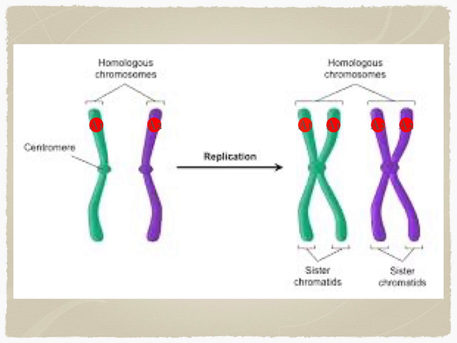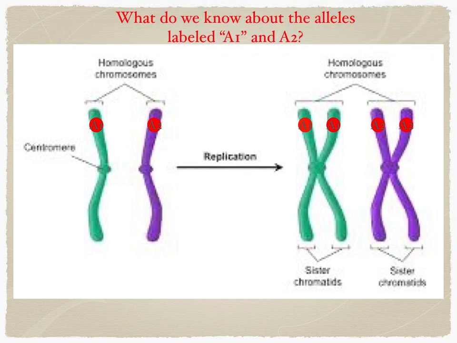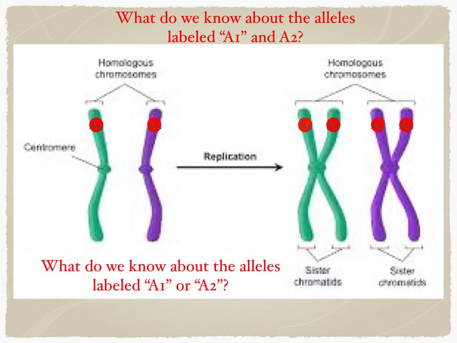So that's kind of a visual representation of homologous chromosomes and the alleles you would find on them. Hopefully you realize at this point, we know that A1 and A2 are the alleles that code for the same trait. In this case, we said it was hairline. But what do we know about the alleles labeled A1 or A2?